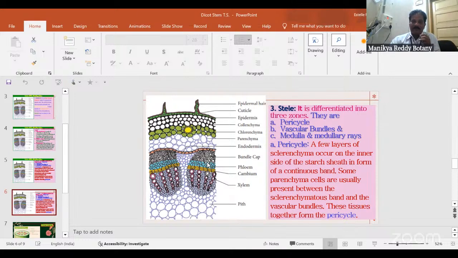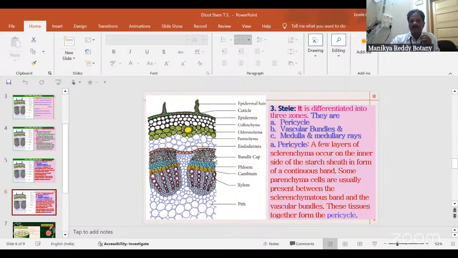In dicot stems, generally, the pericycle may be like patches just above the vascular bundle as a cap, but sometimes it may be like a continuous ring. This is pericycle.